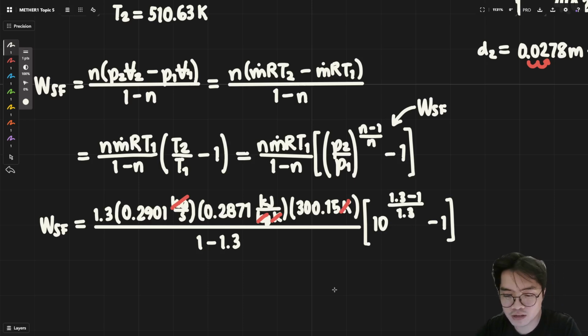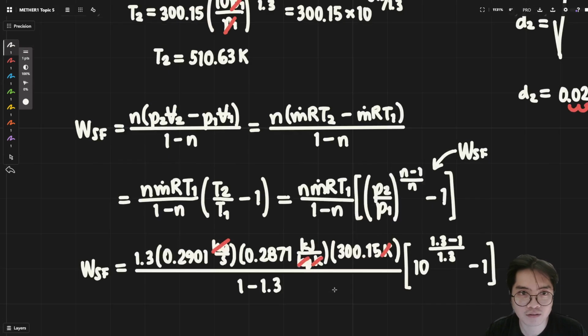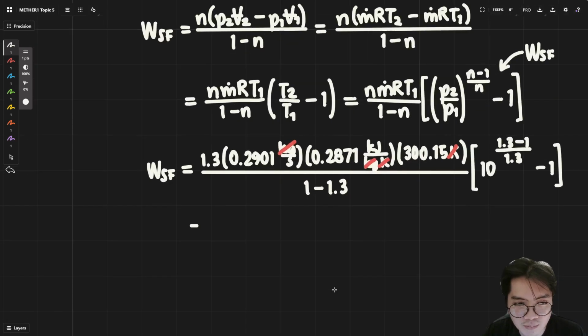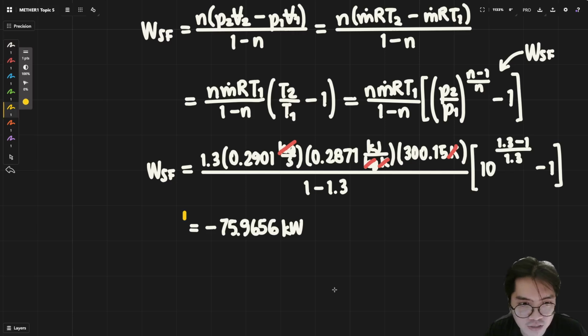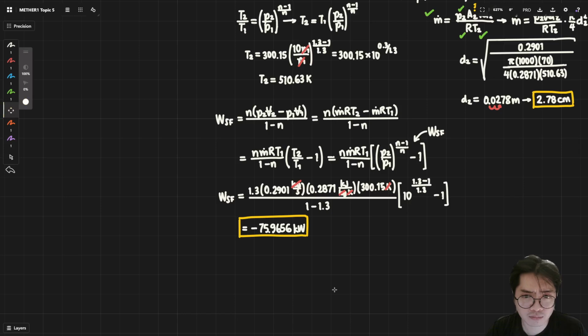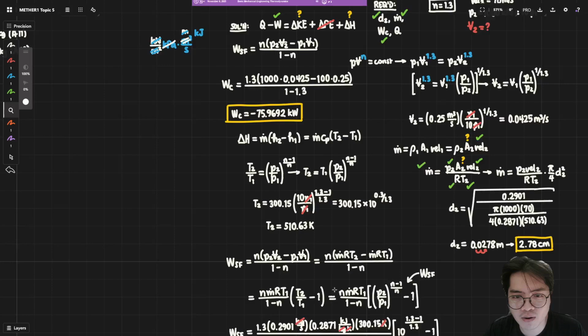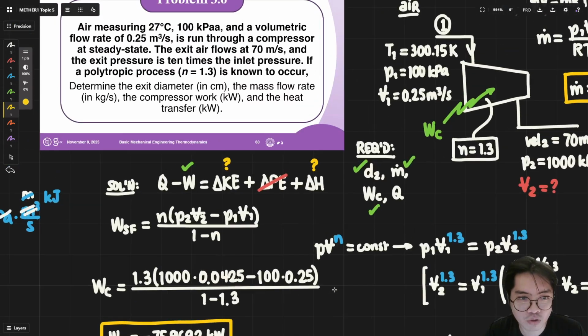The answer for this should be just the same, which is negative 75.9656 kilowatt. So that is your answer. You can see that the errors are really low. But finally, we are now able to go into your Q.